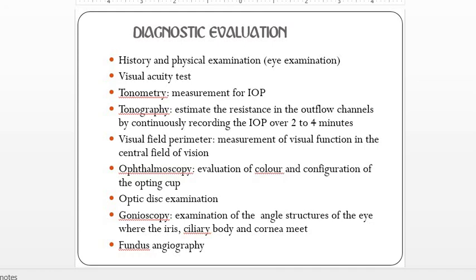So these are the diagnostic evaluations done for the diagnosis of glaucoma.